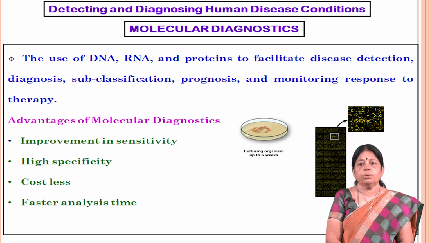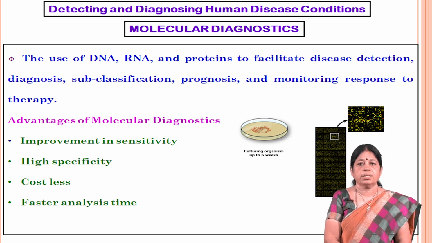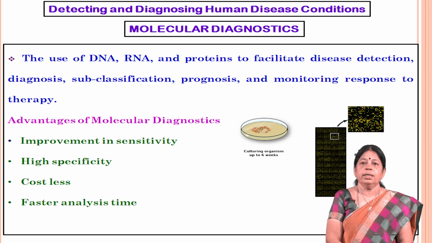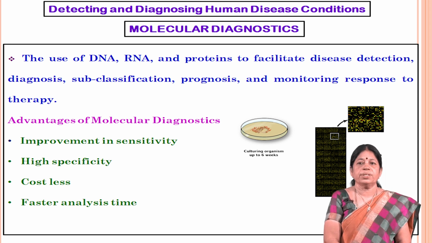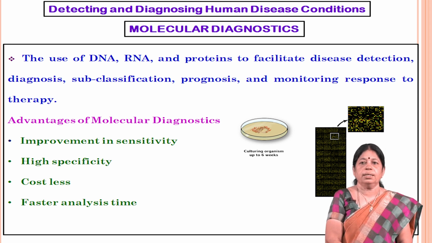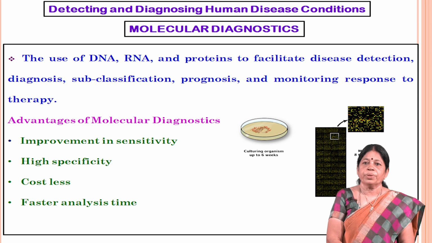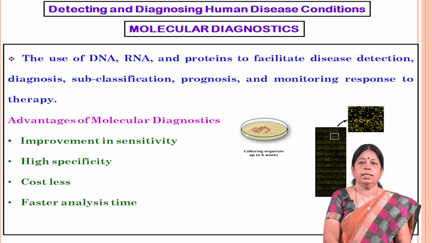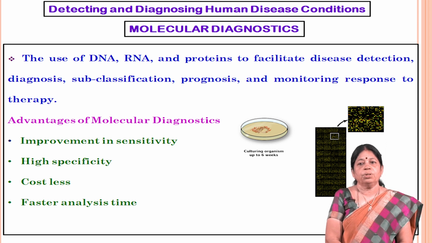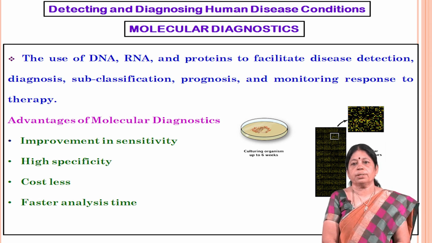So coming to the advantages of molecular diagnostics, this is mainly because of improvement in sensitivity. Through biotechnology, we get improvement in sensitivity and high specificity, because each gene is controlling the DNA, and this gene, that is the DNA, is controlling the enzyme production.